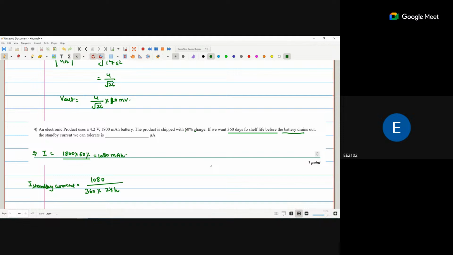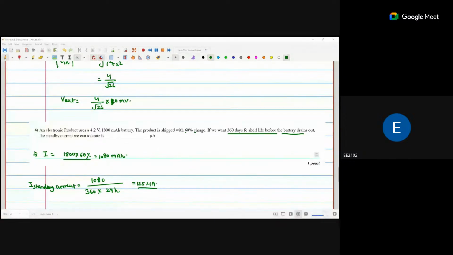1080 divided by 360 divided by 24. So that is 125 microampere. Yes, sir. That is the answer. But in the portal, sir, it is saying 12 to 13.